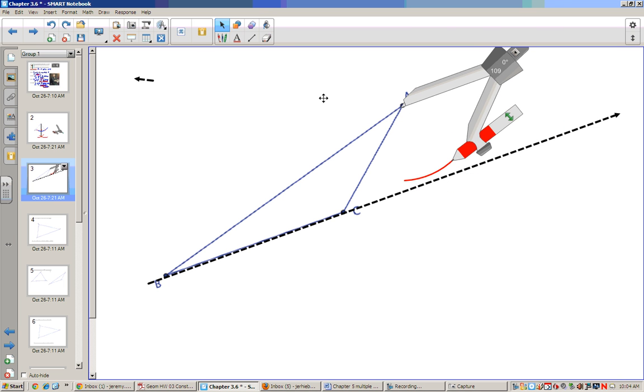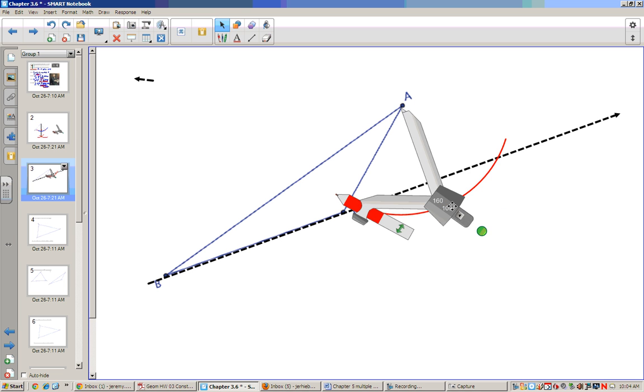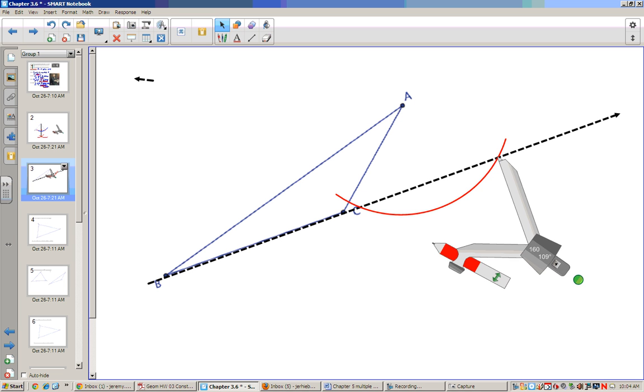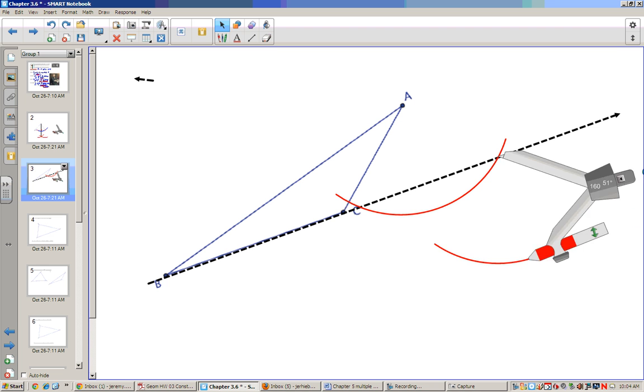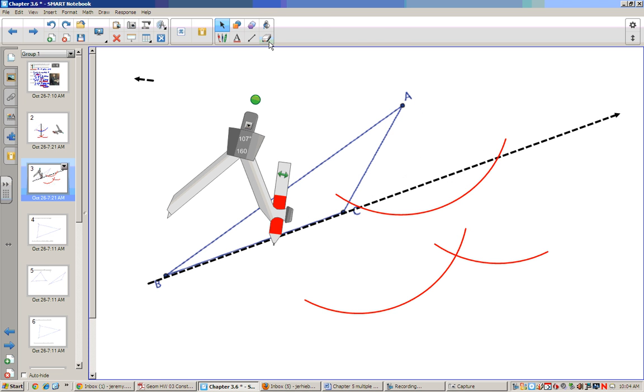That was not far enough, so I'm going to undo that. Now I need to extend it, make sure it crosses through this line twice. There it crossed through twice, so now I go to those intersection points, make an arc, go to the other intersection point, make another arc, and now we just draw a segment from A. We want to make this more solid, through that intersection, and that will give us our altitude. So this is our altitude.